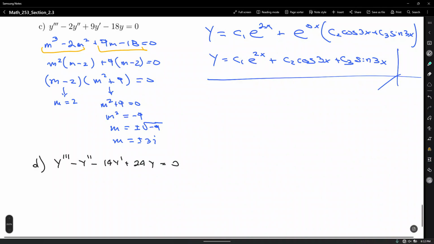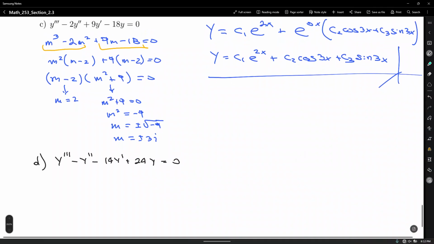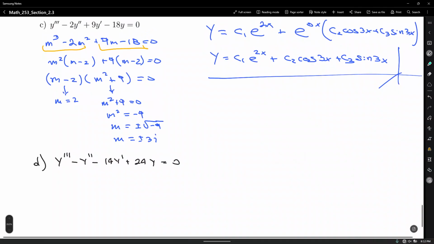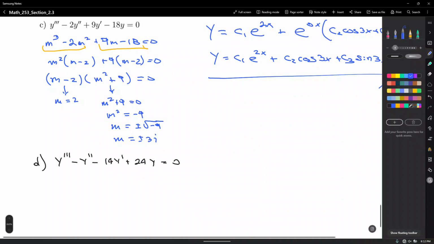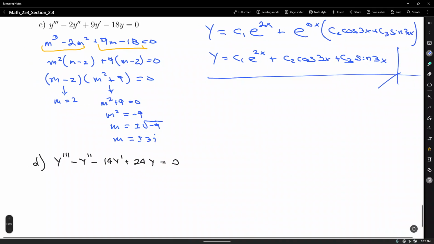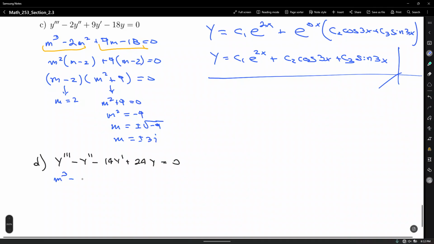Okay, so we're going to do a few where we're going to practice our rational root theorem. So let's write the algebraic equation, the auxiliary or characteristic equation: m cubed minus m squared minus 14m plus 24 equal to 0. Well, guys, unlike the previous example, we can't use the factor by grouping method to solve that cubic equation.